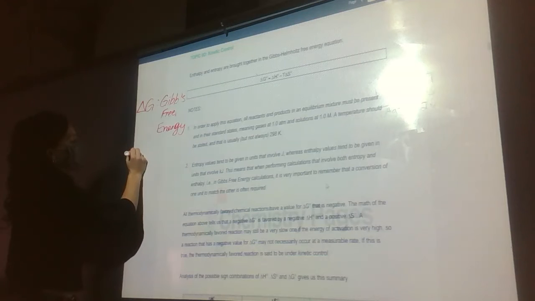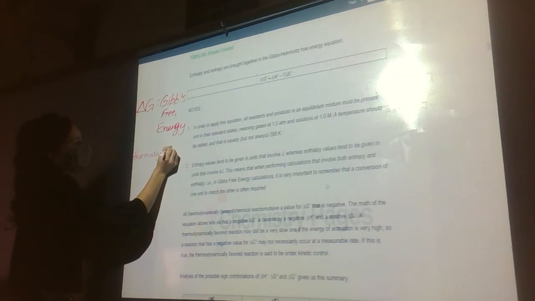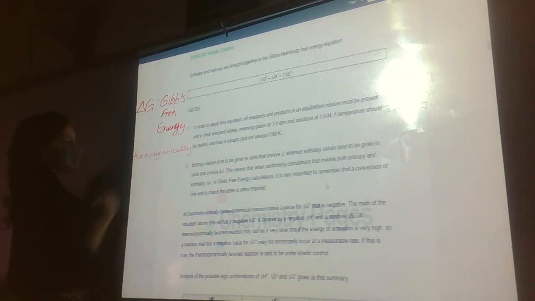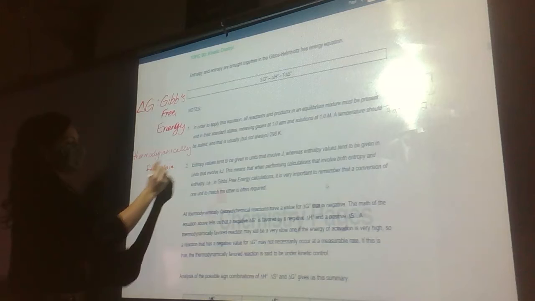It's the combination of those things at a given temperature that determines if a reaction is what we call thermodynamically, which is a very long word, favorable or unfavorable.